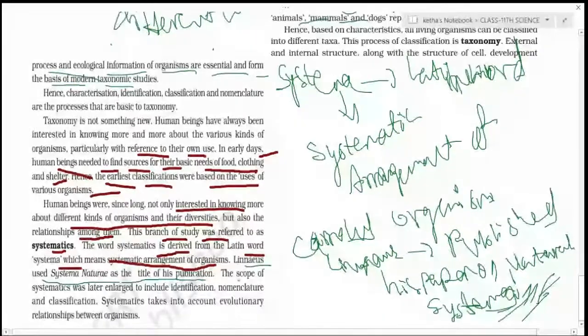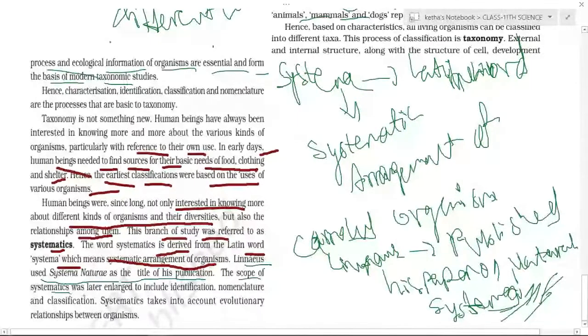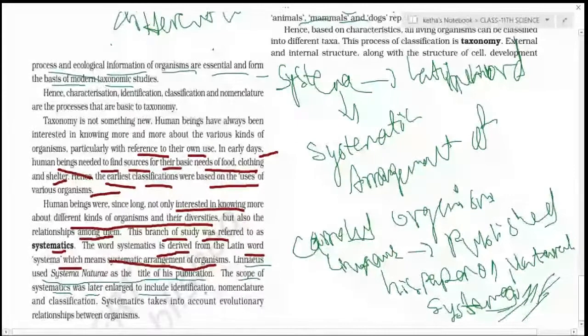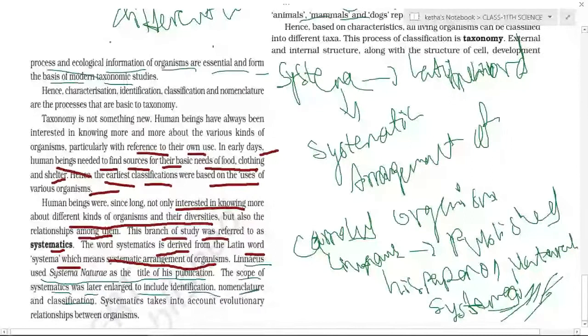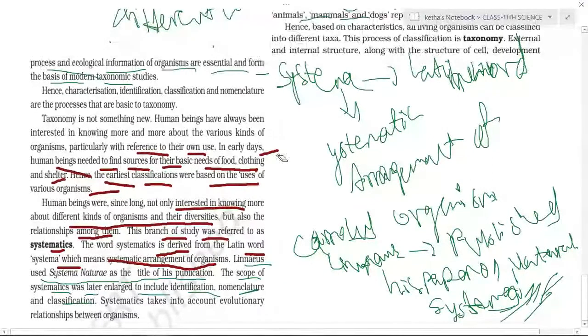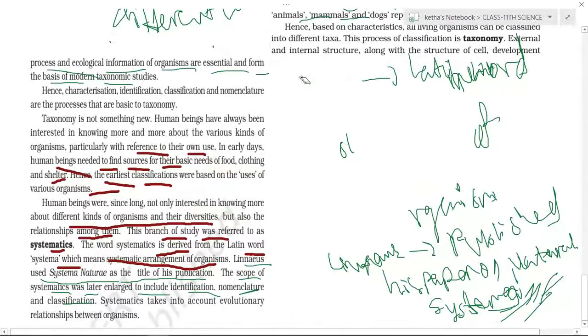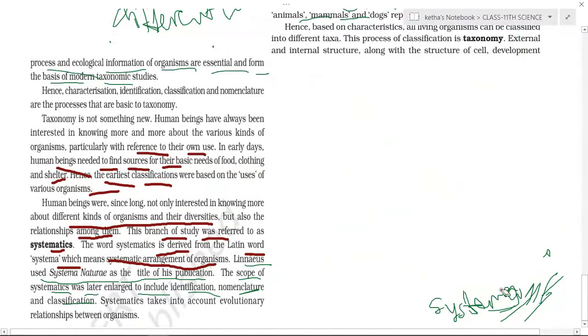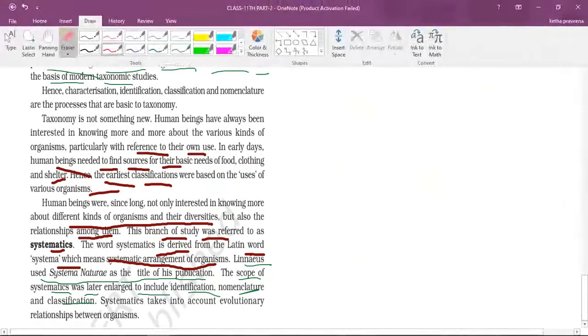The scope of systematics was later enlarged to include identification, nomenclature, and classification. So later, he included classification, identification, and nomenclature in his publications.